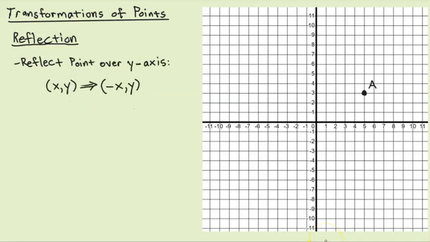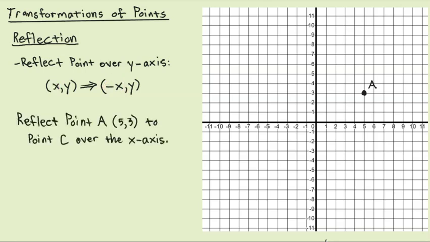All right, so write this rule in your notes. When you reflect a point over the y-axis, the original point (x, y) becomes (-x, y). So the y stays the same, but the x becomes the negative of itself. So if your x is like -3, your new x is just 3. But if your original x is like 9, then your new one becomes -9.